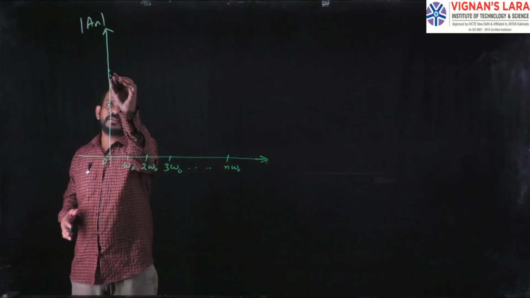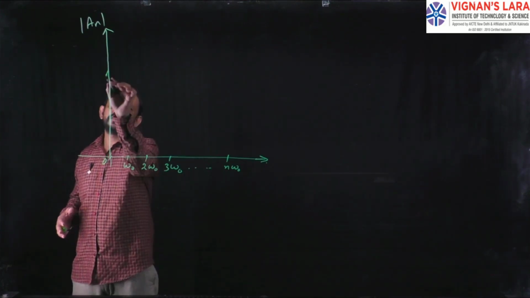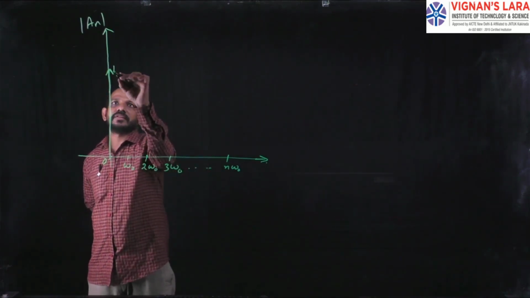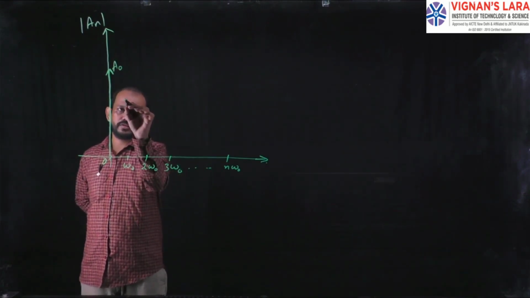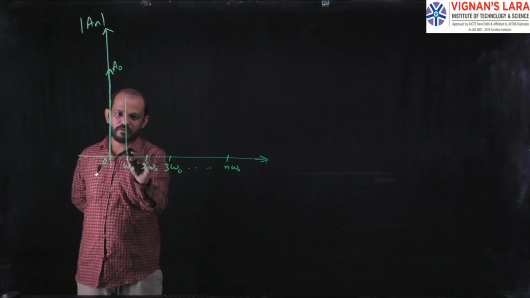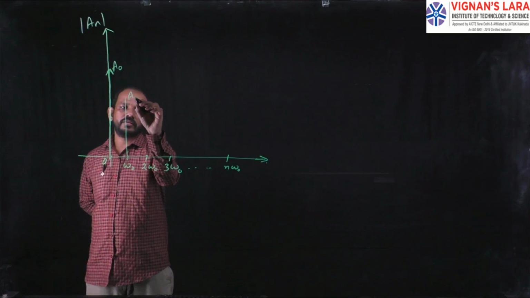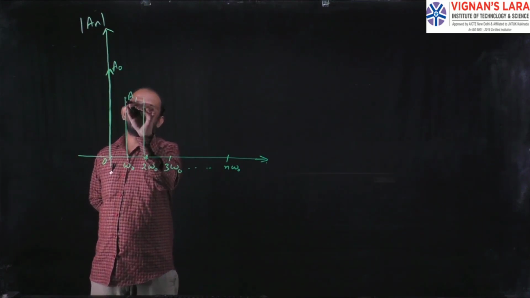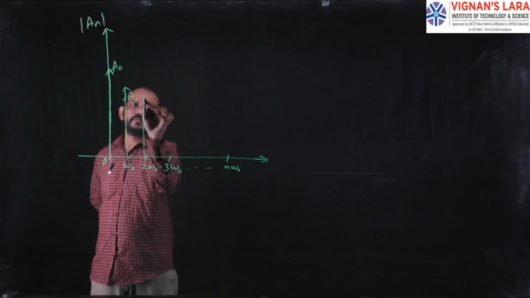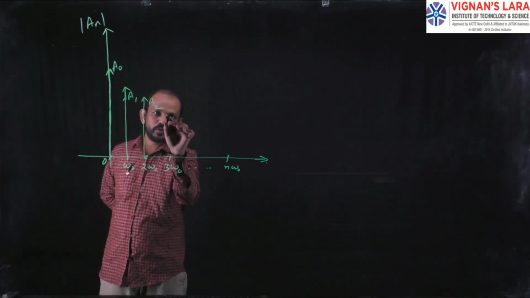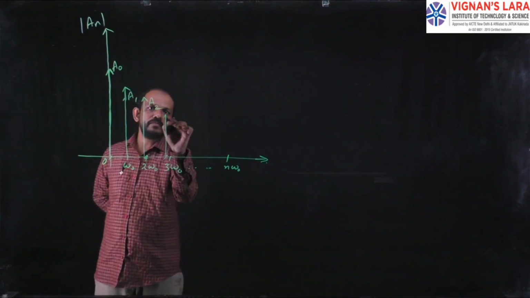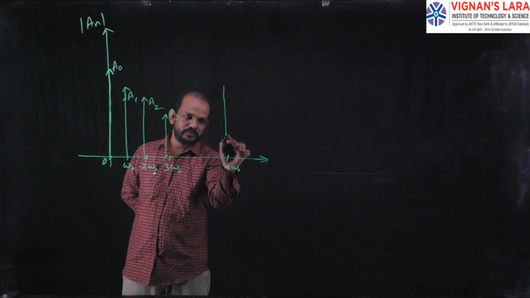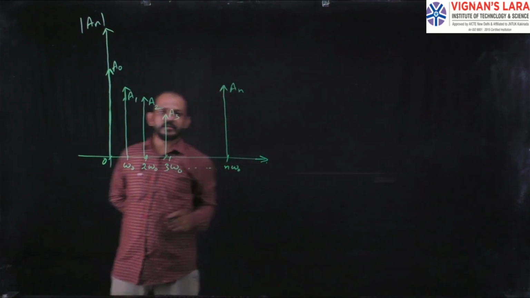Okay. So at this point, let us consider the value something like a naught, the value a1, a2, a3, up to an.